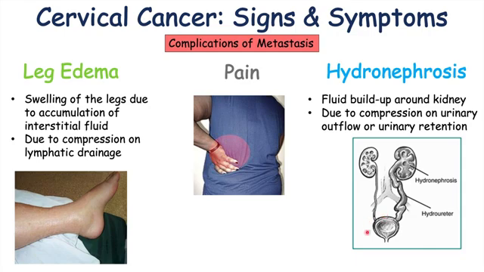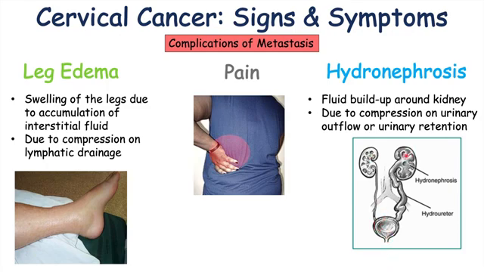In the case where the cervical cancer actually impinges or completely compresses the urethra, leading to urinary retention, this can lead to a patient having a full bladder. They're not able to urinate. If they're not able to clear that obstruction, their kidneys again continue to make urine.